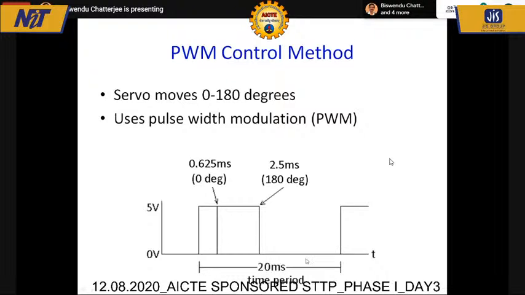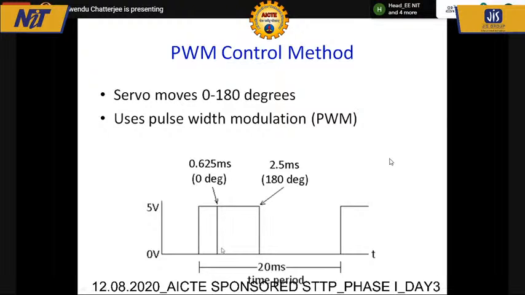That we know, the standard 50 hertz. 20 millisecond is the time period required, and the pulse width starts from 0.625 millisecond, at which the servo turns to 0 degree, and at 2.5 millisecond it turns to 180 degree.